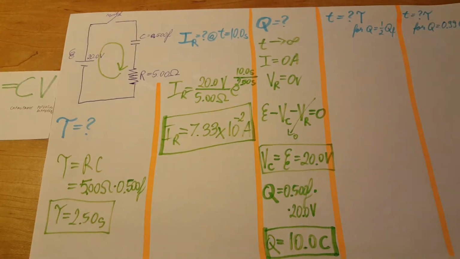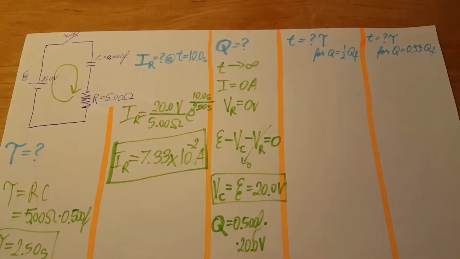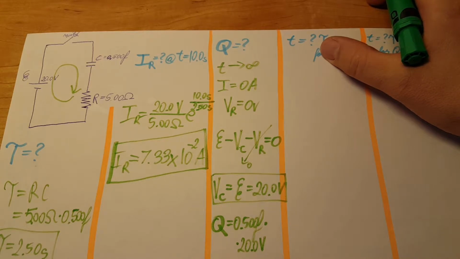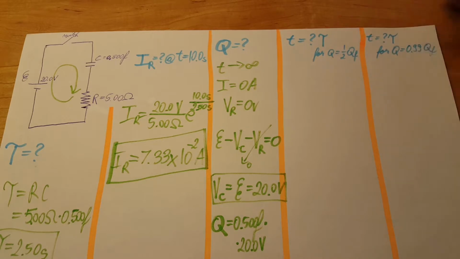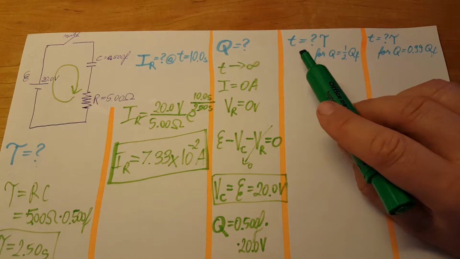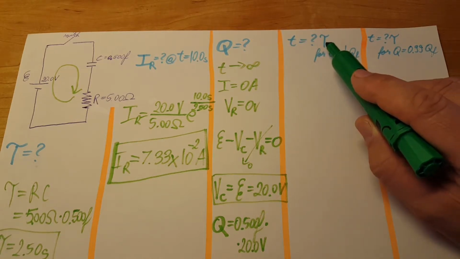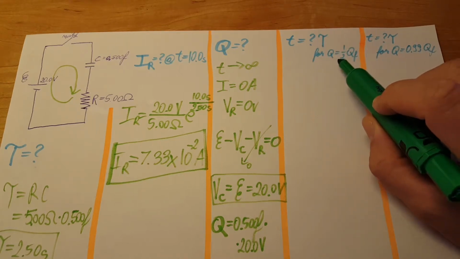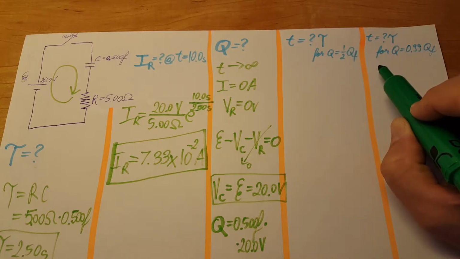Okay, the next one. This one is asking us how many time constants it takes for the charge on the capacitor to reach 1/2 of the final charge. So I noted this one in such a way that our time equals how many time constants for the instance when our charge is 1/2 of our final charge.